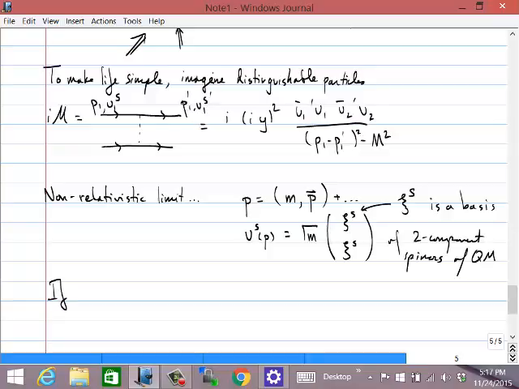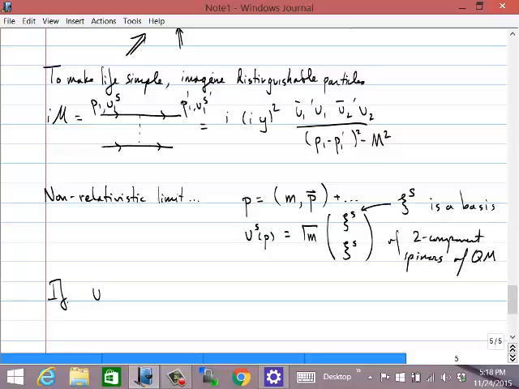So here we're imagining an incoming particle with momentum p1 and spin polarization s. And the final particle has momentum p1 prime and polarization s prime, where s is just a label 1 or 2 that tells you the 2 different polarization states.